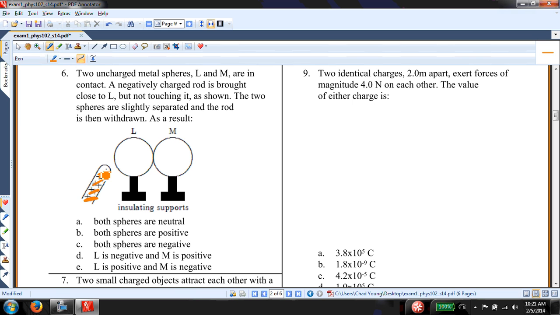Sorry, this should have negative charges. I'll fix that on the test. The two spheres are slightly separated, and the rod is then withdrawn. As a result, which of these? Well, if I bring negative charges there, that means I'm going to have positive charges here and negative charges here. So L is going to be positive, and M is going to be negative. So number 6 is E.